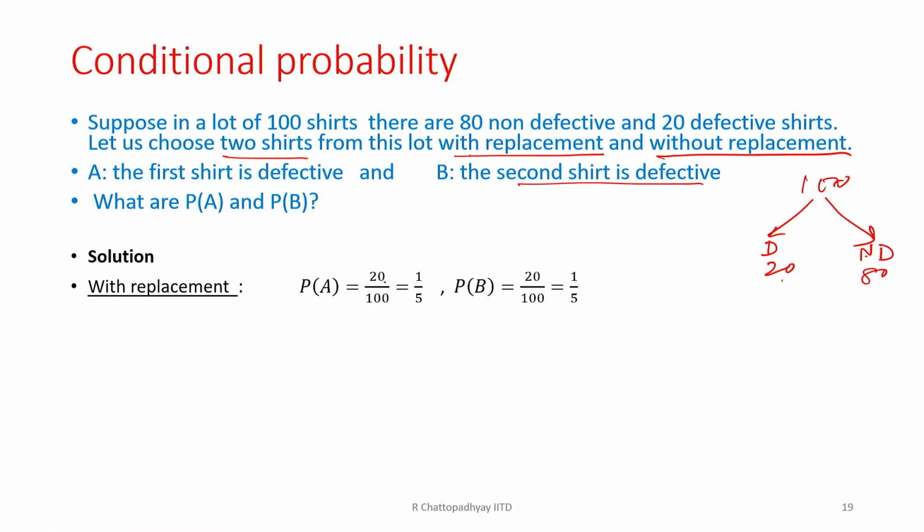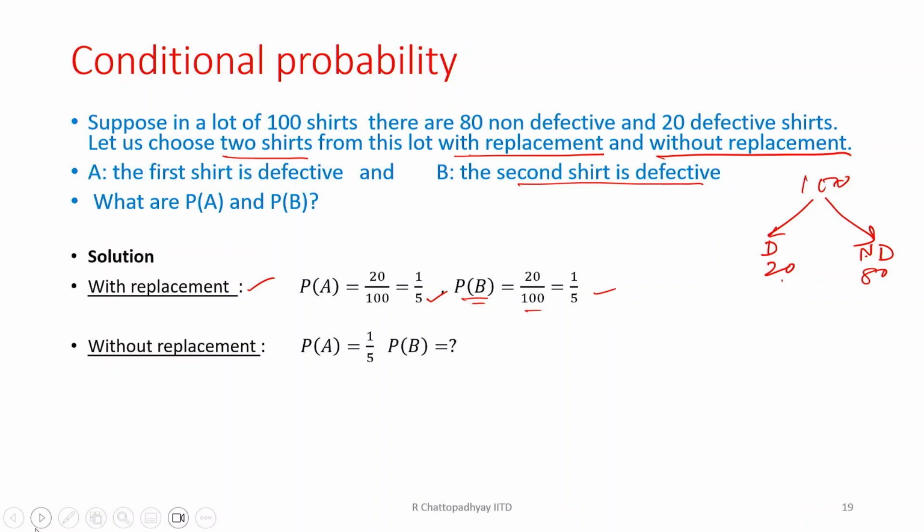So 20 by 100, 1 upon 5. And if I replace it back, then P(B), the second shirt being defective, will again be 20 by 100, equal to 1 upon 5. So P(A) and P(B) individually are 1 upon 5 and 1 upon 5 when it is done with replacement.